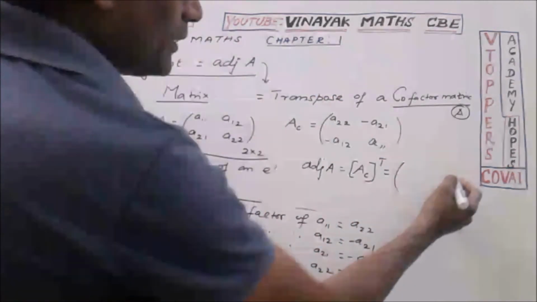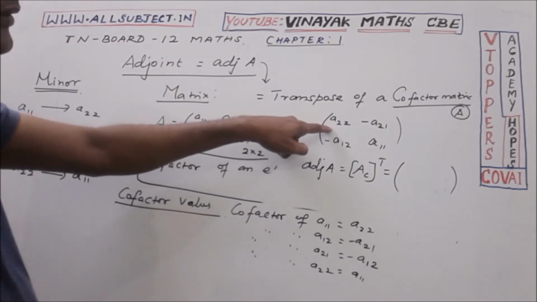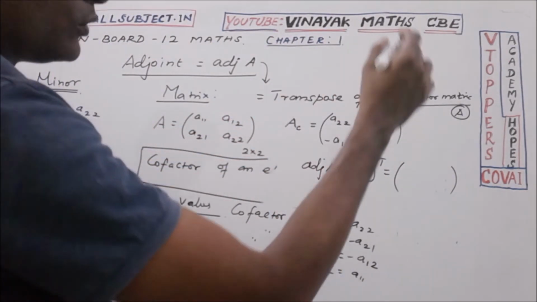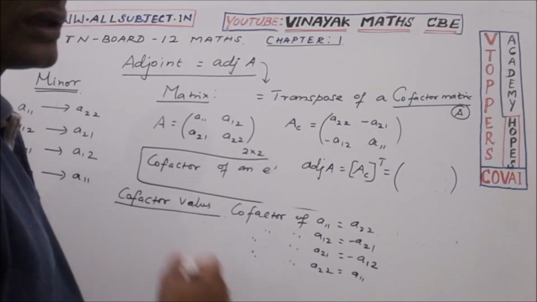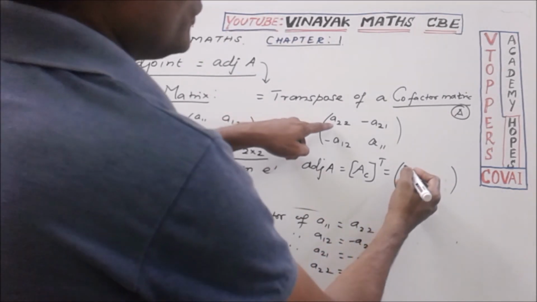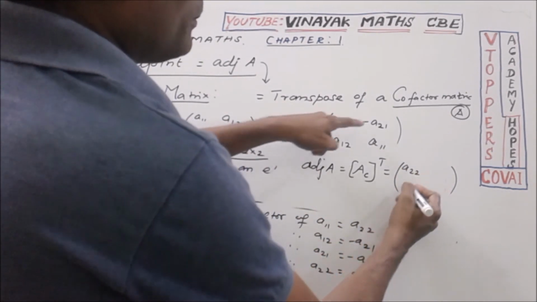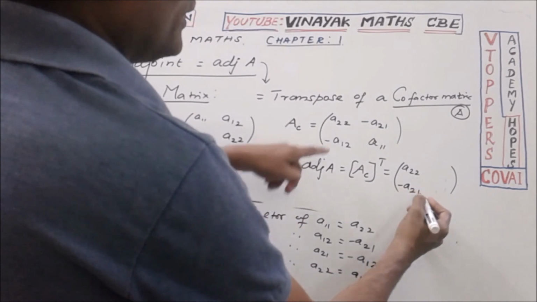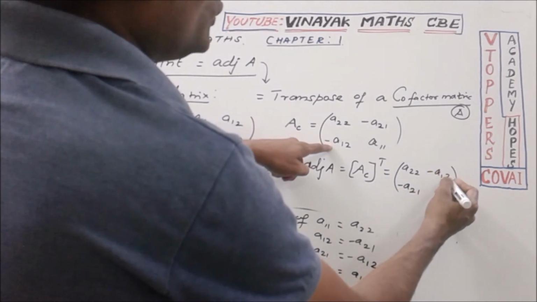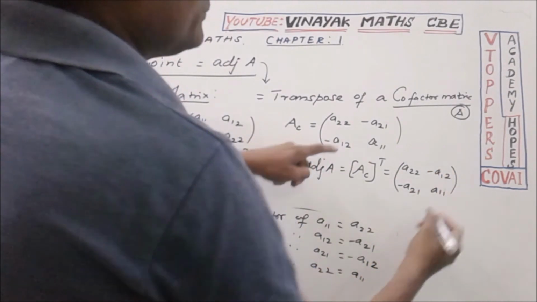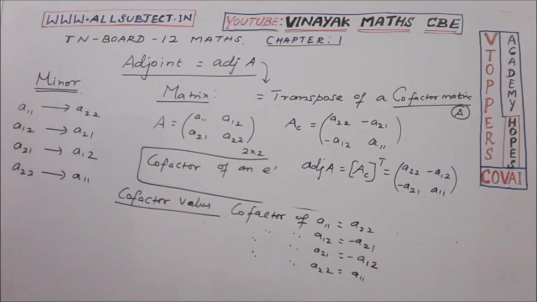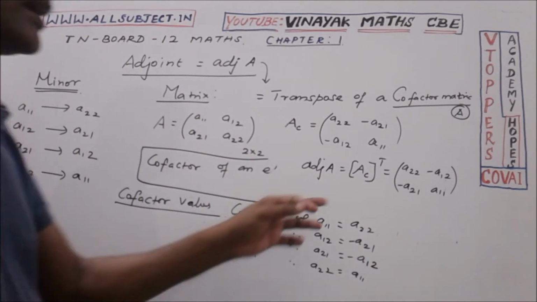So transpose the given cofactor matrix here. Transpose means rows into columns or columns into rows. So A22, minus A21, minus A12 and A11. This is the adjoint of a given matrix taken in the general form.